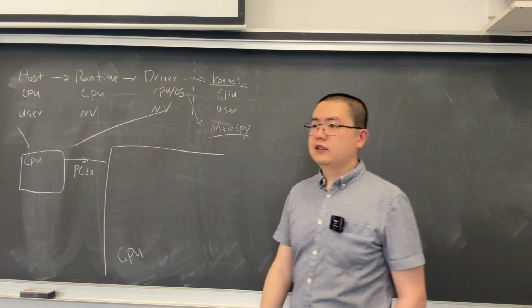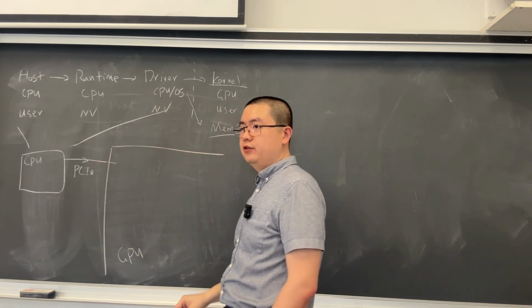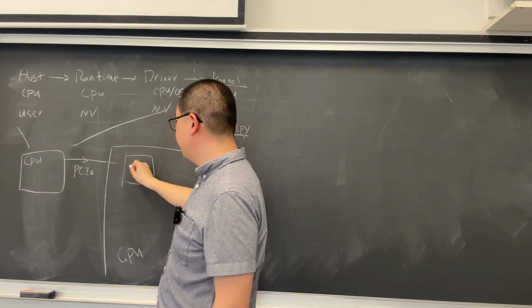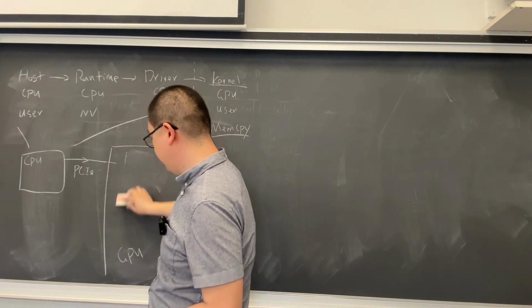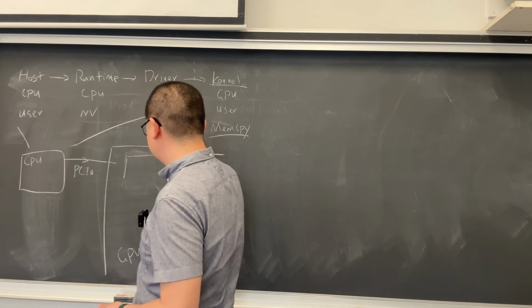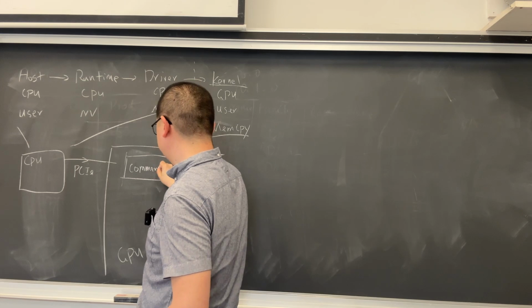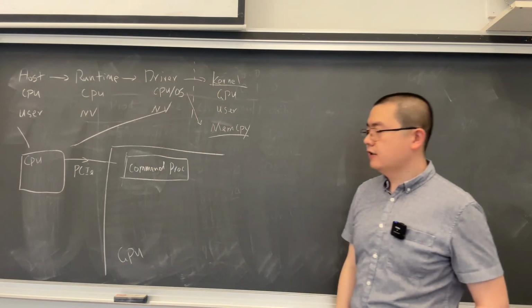On the GPU, the entry point, where the PCIe is connecting to, other than a network interface, is something called a command processor. I don't know the term for NVIDIA here, but on the AMD side, this is called a command processor.